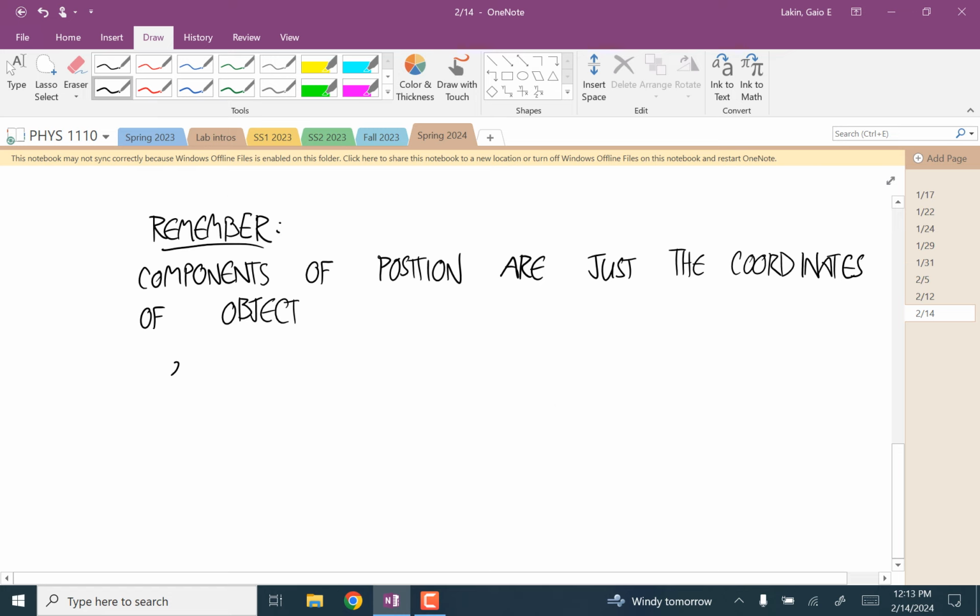So for example, if you have a coordinate system like this, and your object that you're tracking at a single instant is here, then what are the coordinates of that object?